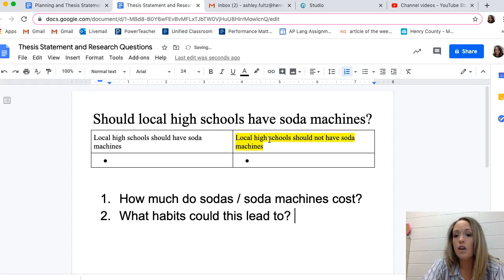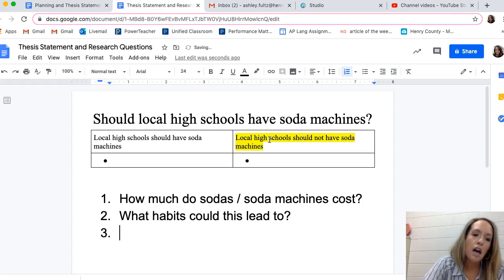As in, if a student starts to drink an abnormal amount of caffeine or of soda, what kind of habits could that build in the long run? Maybe caffeine could lead to more caffeine consumption, or maybe caffeine isn't enough and the person needs to move on to something more, like those energy drinks or something.